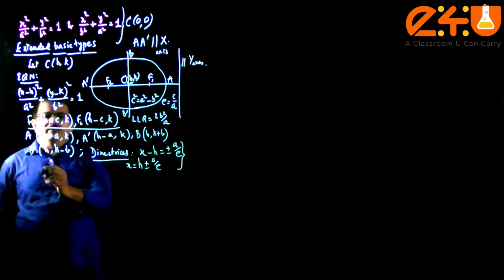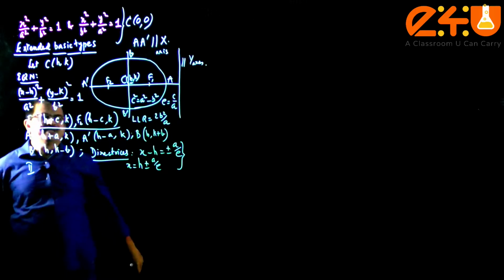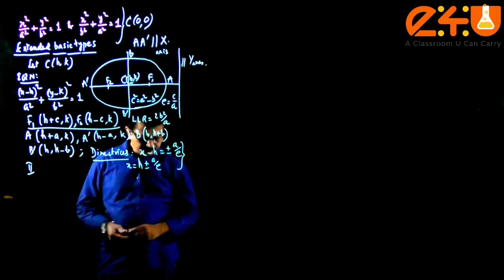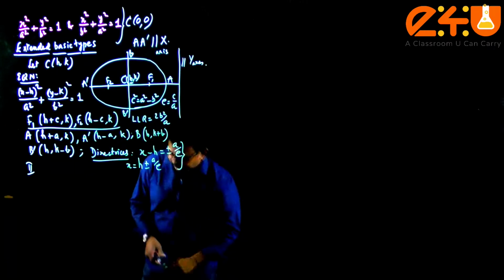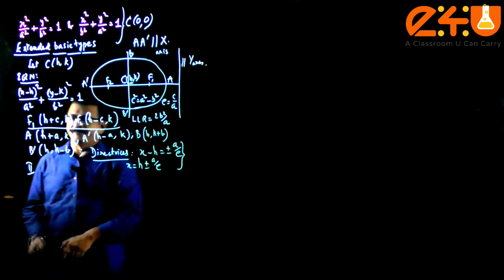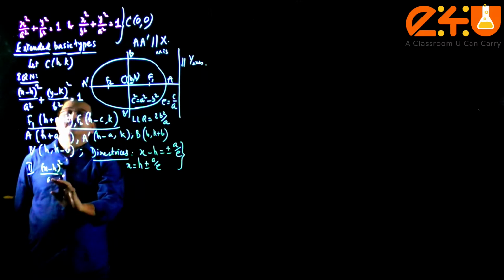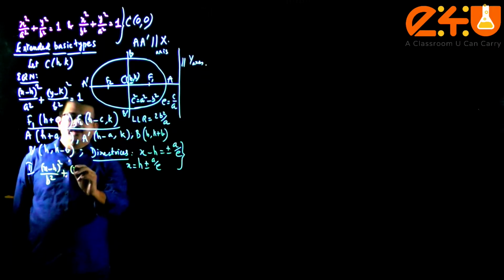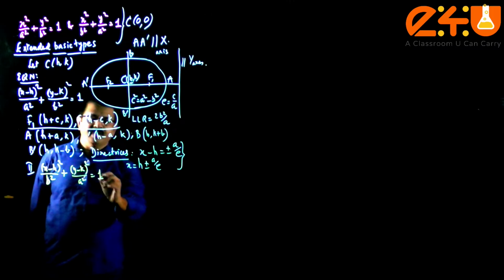The same thing we can apply to the other case also in extended basic for the format 2. So in the case of form 2, we get x minus h whole squared by b squared plus y minus k whole squared by a squared equal to 1.